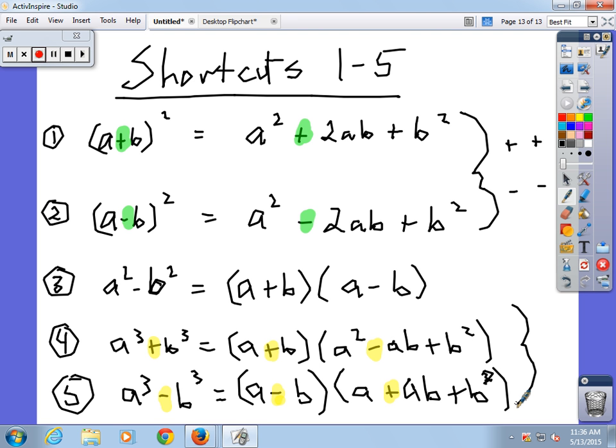A blank B squared is equal to A squared blank 2AB plus B squared, and then this, and then this one, and then A blank B cubed is equal to A blank B times A squared blank AB plus B squared. And just remember that if you do this one, it's plus, plus minus, minus, minus plus.